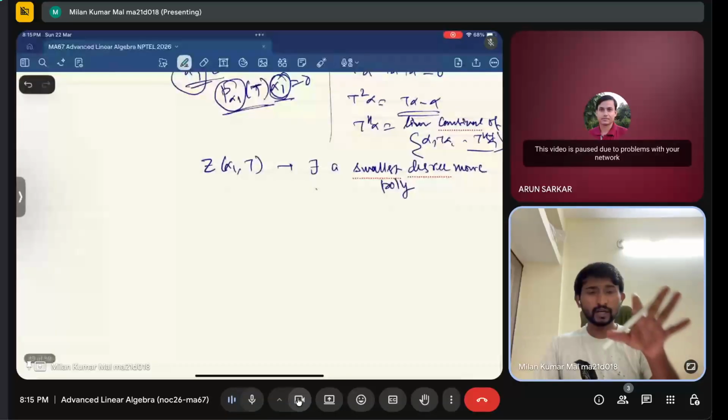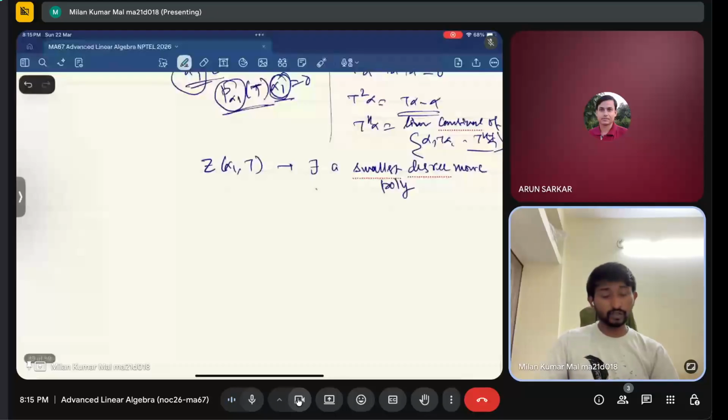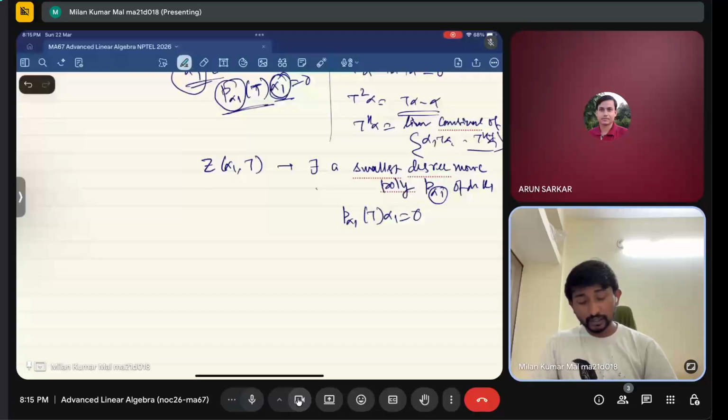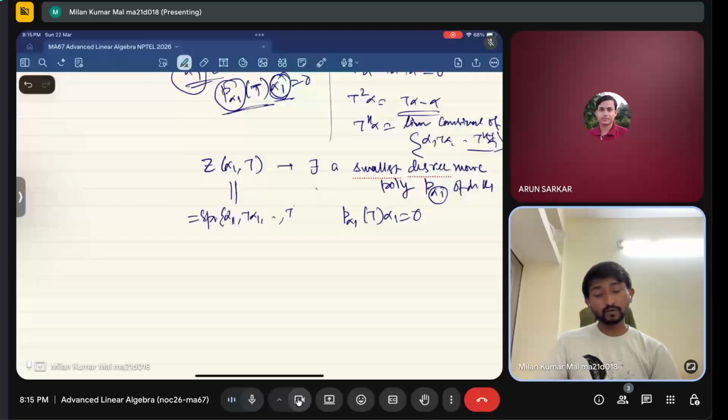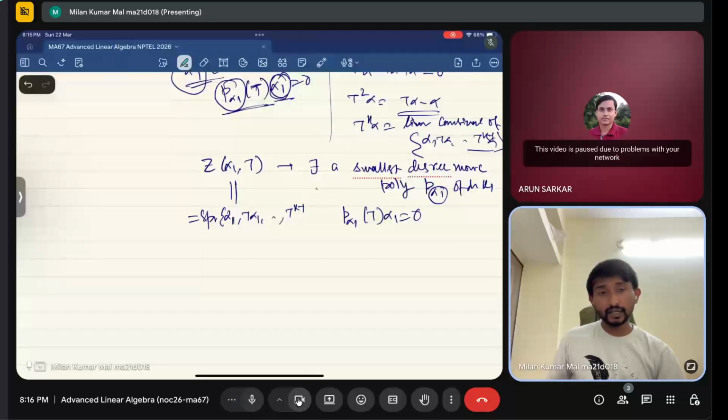That will come from the annihilator ideal. Okay, I am not going into that. But the interesting fact is that in that case this equals the span of alpha 1, T alpha 1, all the way to T to the k minus 1 alpha 1. And as I have said, this is the invariant subspace. I am not going to discuss how this connects, but corresponding to this alpha 1, whatever T cyclic subspace I consider will be generated by these k vectors.